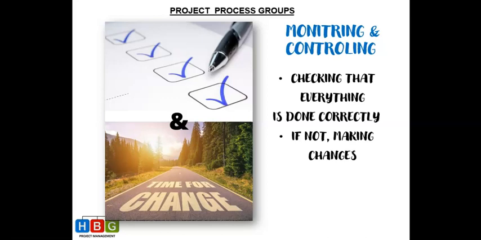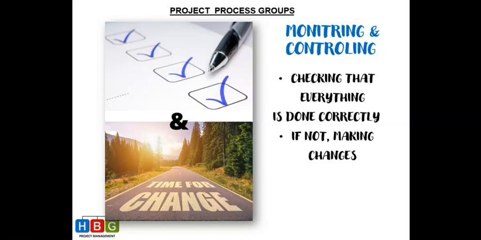In a lot of projects, people slip on this one, the monitoring and controlling part of the project. Because if you don't monitor and control, things will go wrong. Remember, a project is a change intervention. So with change comes risk, and with risk comes the chance that something might go wrong. That's why we need to check carefully that what we do on the project is correct, according to how we should do it.